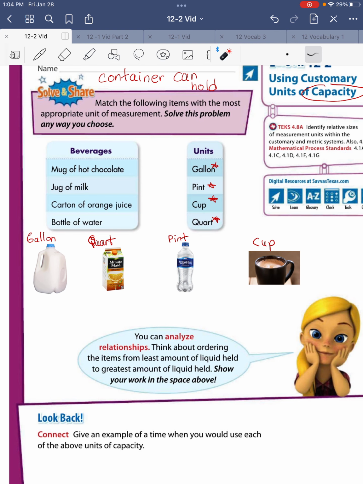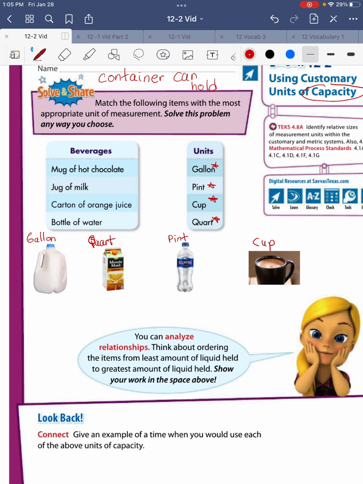The second biggest one is a quart, okay? It's less than a gallon of milk, but it's more than a bottle of water and more than a cup of chocolate milk, okay? The third one is a bottle of water. It's less than a quart and a gallon, but it's more than a cup.